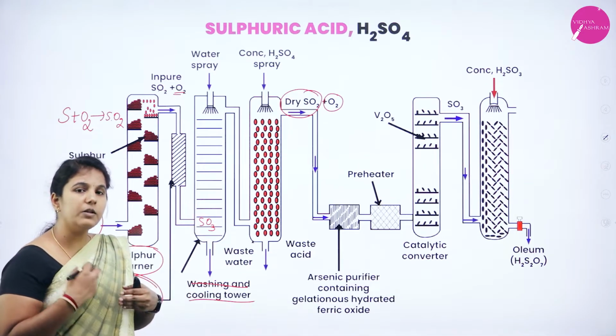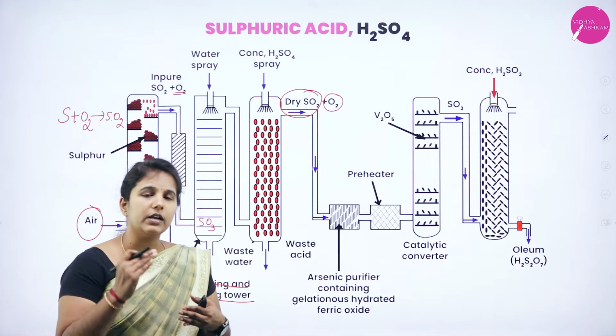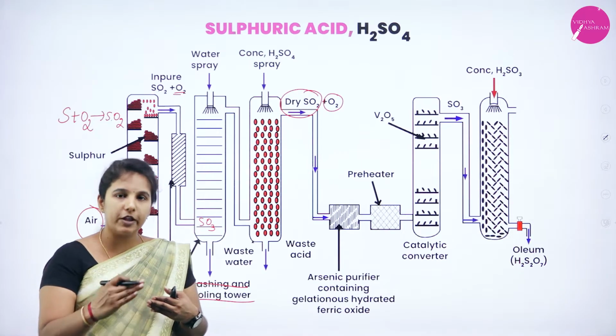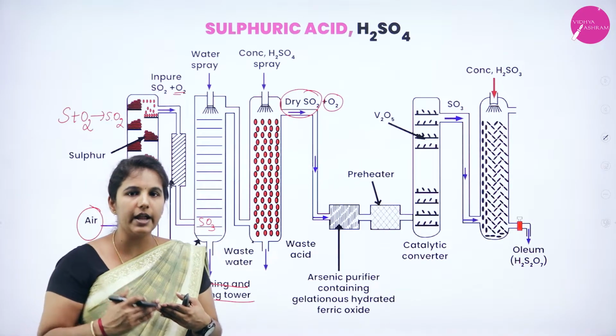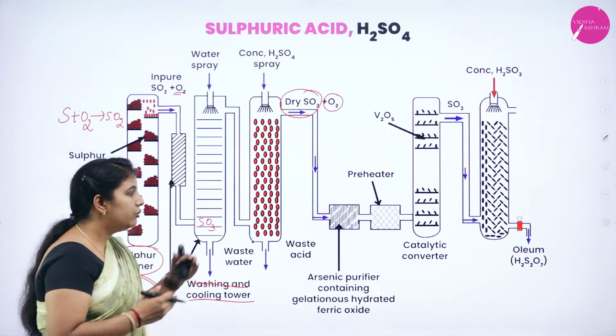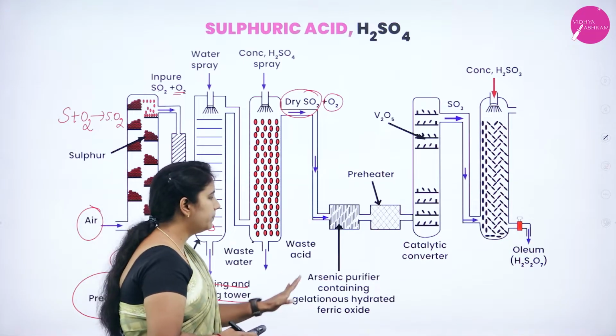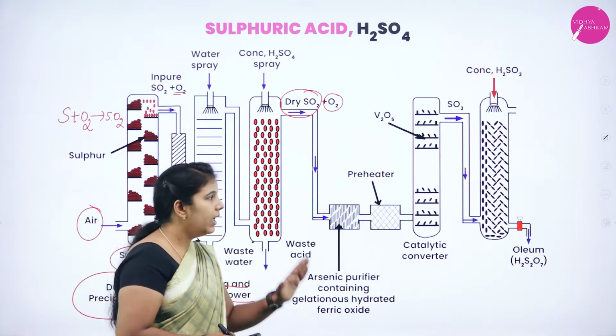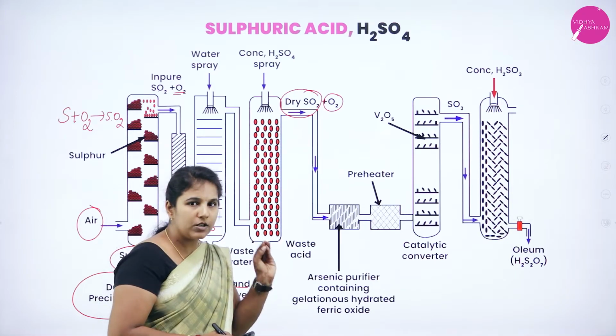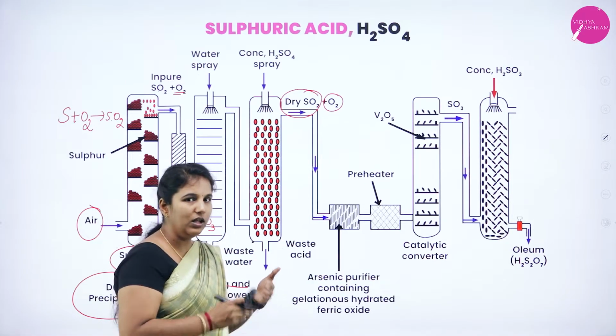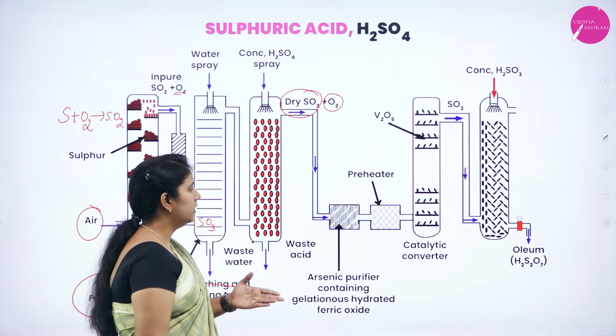Because whatever product we prepare, it should be free from arsenic. It is very poisonous, right? So, to check it once again, they pass it through the arsenic purifier and any poisonous impurities are removed.